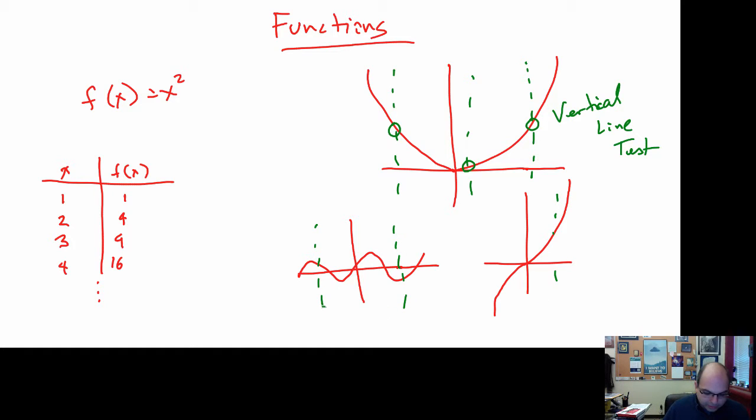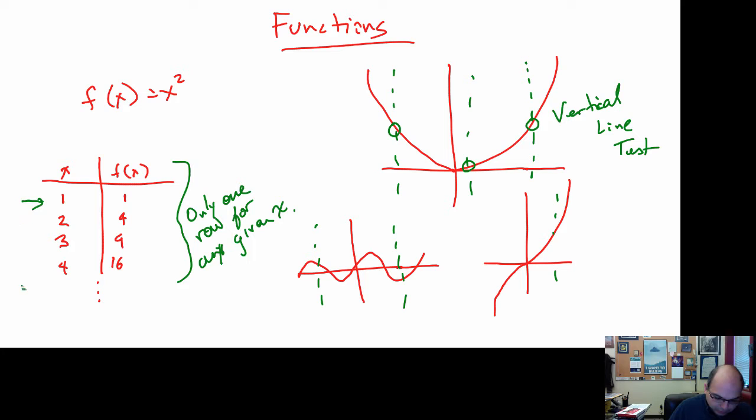Something else that you'll immediately recognize is that over here, there's only one row for any given x. So you see here's the entry for 1. We do not see 1 over here, right? That's not allowed.